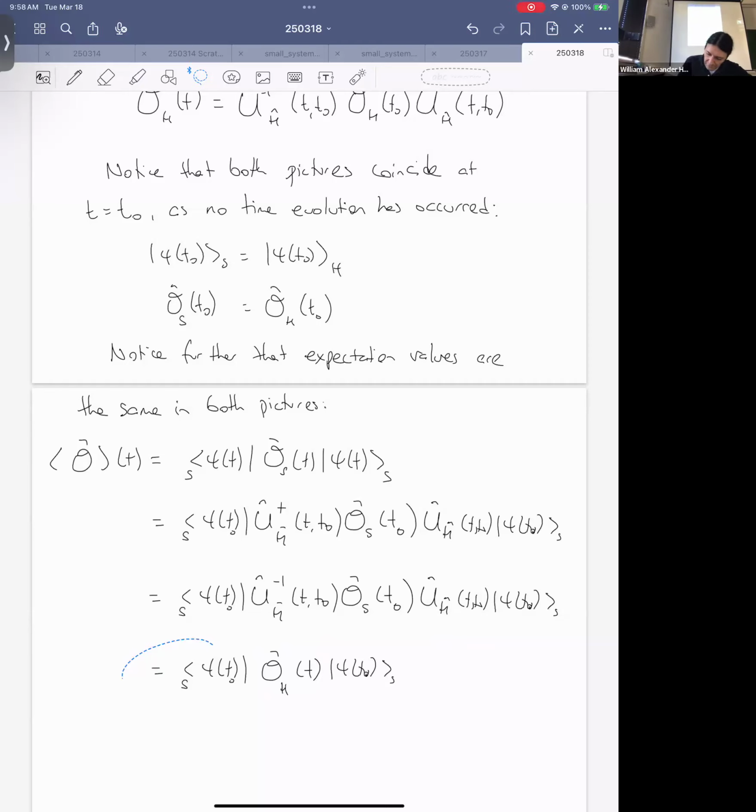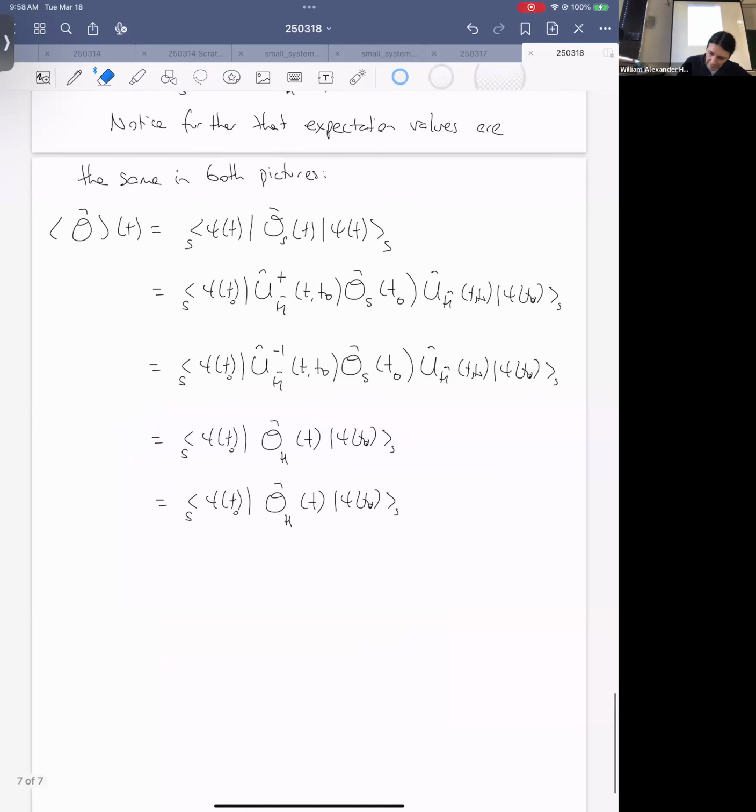But remember, in the Heisenberg picture, the states don't change with time. So the Schrödinger state at time t0 is the same as the Heisenberg state at time t0. I can just make this the Heisenberg state at time t0, and that's not too many steps. But the Heisenberg state at time t0 is the Heisenberg state at time t.